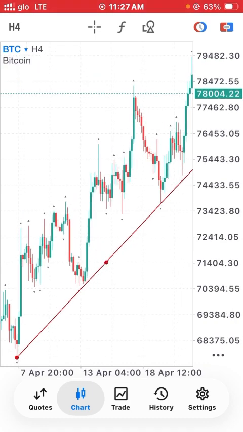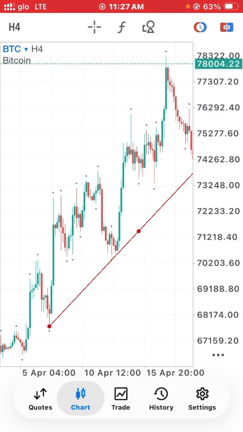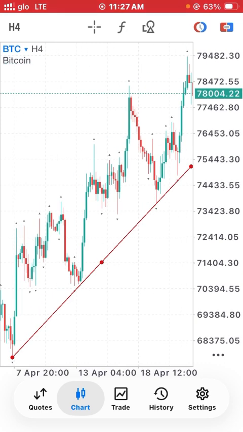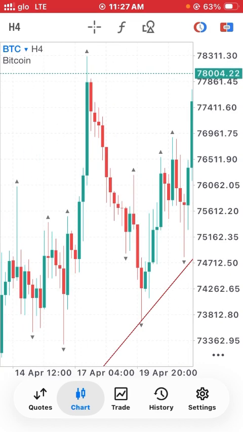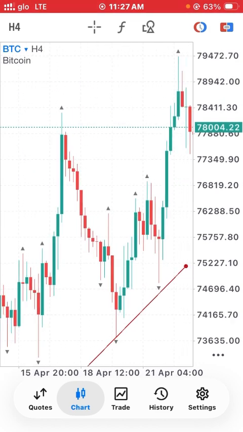It came back down again. It came back down again, and then what did it do? There was a rejection at the trend line, and what happened? It bought again. So this is just a simple way to follow the trend. This is a perfect scenario for an uptrend situation.